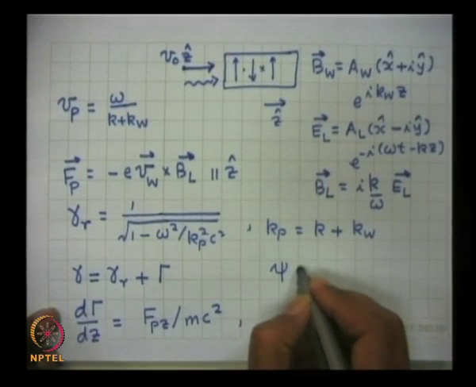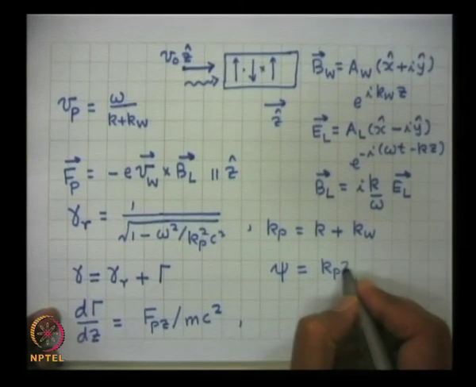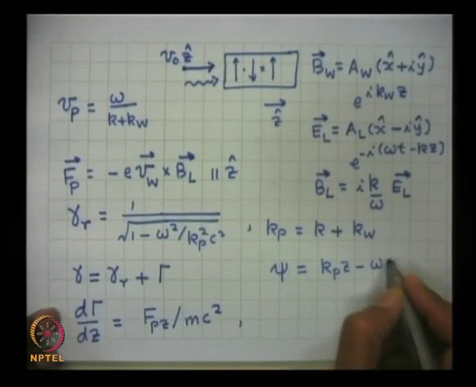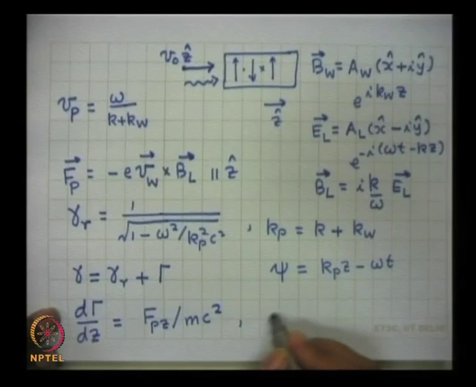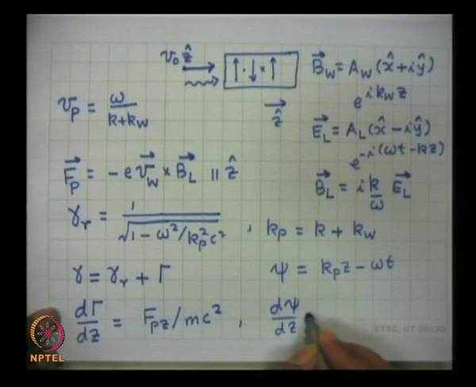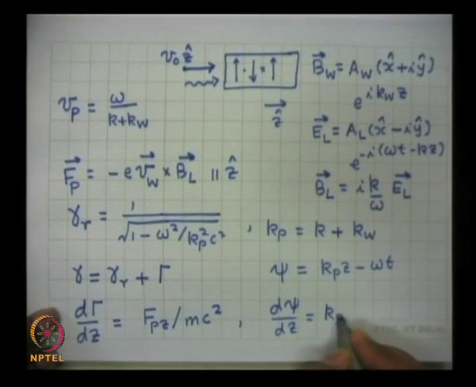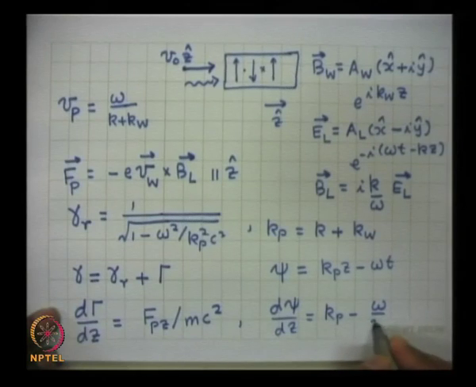Phase of the wave we defined as psi equal to kpz minus omega t, and we wrote down an equation for d psi by dz, which was like kp minus omega by vz.